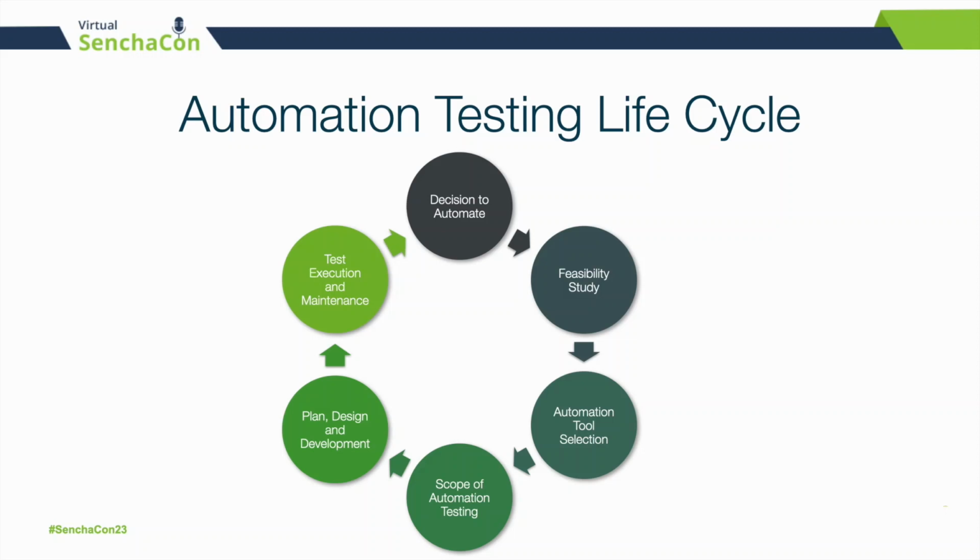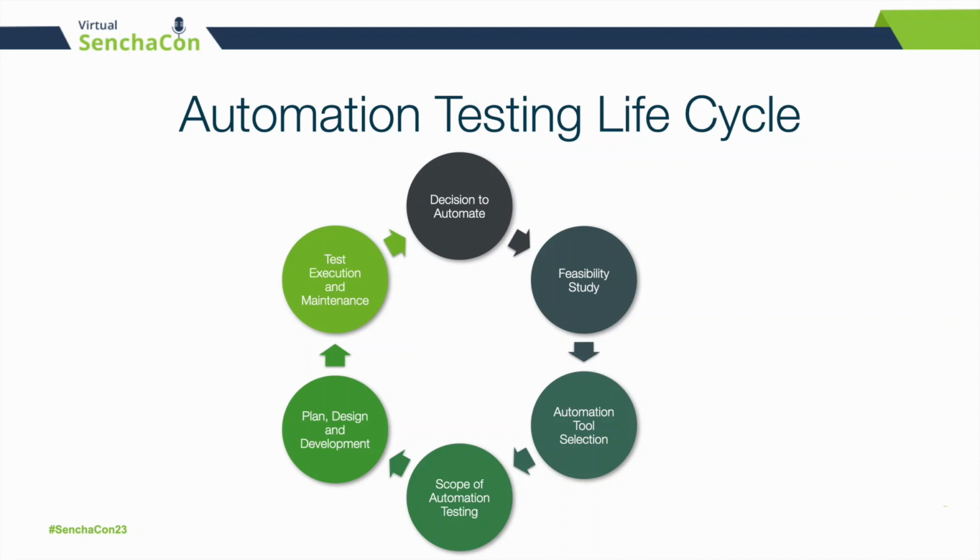Let's have a look at automation testing lifecycle. Testing lifecycle involves various stages and it starts with decision to automate. Here, we will validate our application whether it's a right fit for automation, and we consider various factors like lifetime of our application, how vast is our application, test case quantity, and the frequency of our regression cycle.